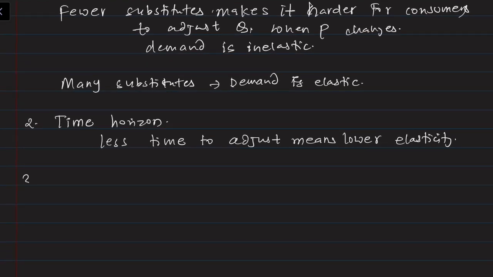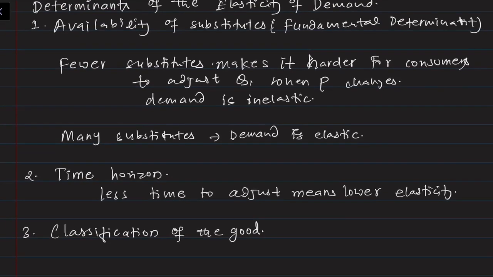Now the third determinant is classification of the good. The less specific the classification, the fewer the substitutes, and this is related to the first determinant, availability of substitutes.